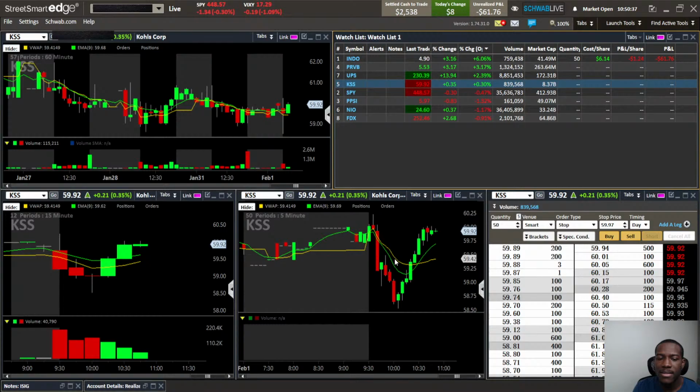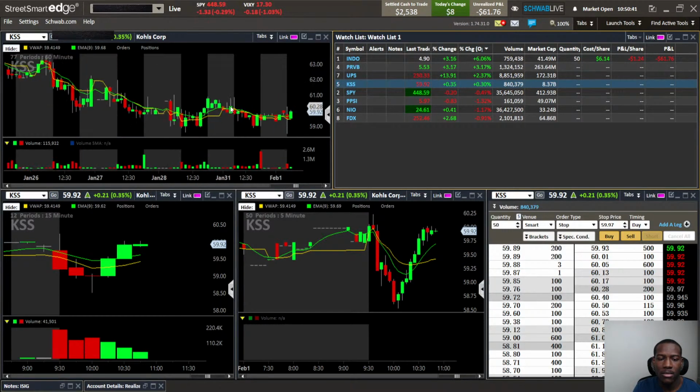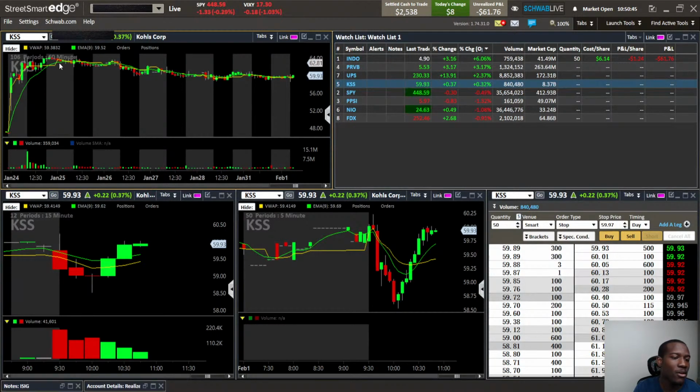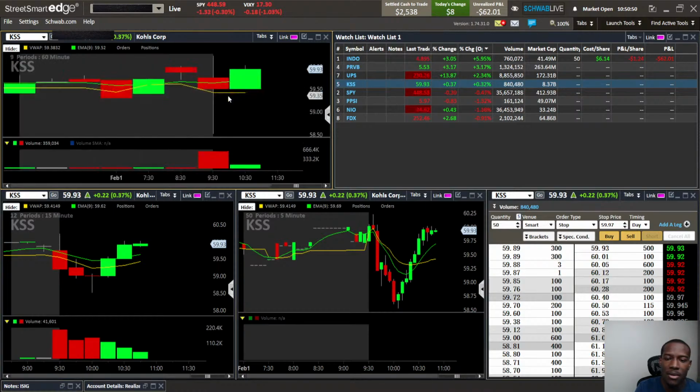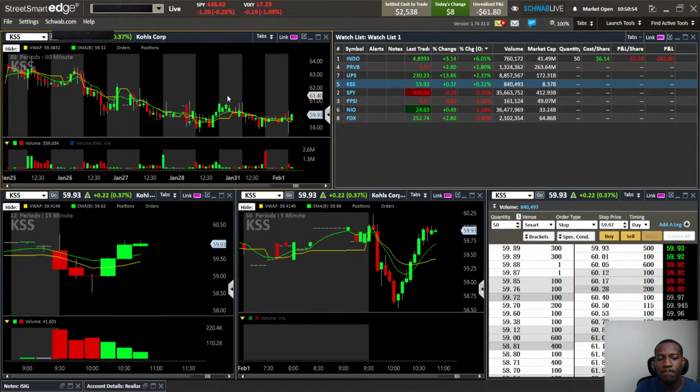Well, it was KSS's job to blow shorts out today, but it's done this little bounce over several days. It doesn't have a continuation down. It always bounces back strong on KSS, so I'd be scared to short that one.